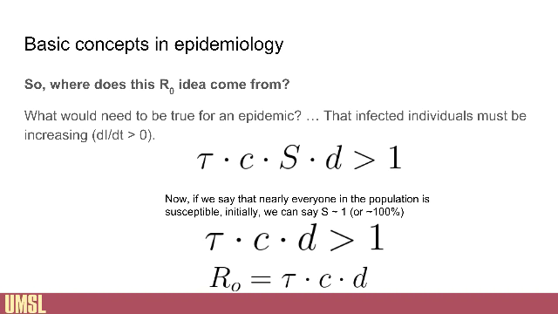And so this R naught value has to be greater than 1 for this pathogen to be spreading in a population. And so where did that all come from? It was from this very simple model that is the SIR model in epidemiology. So the susceptible, infected, resistant population model. Okay?